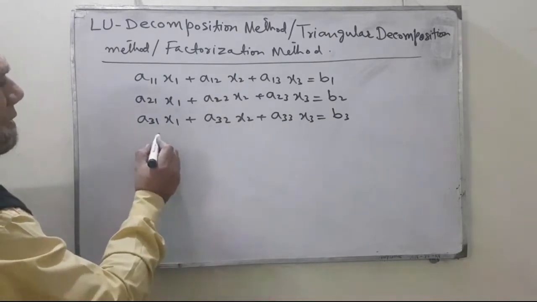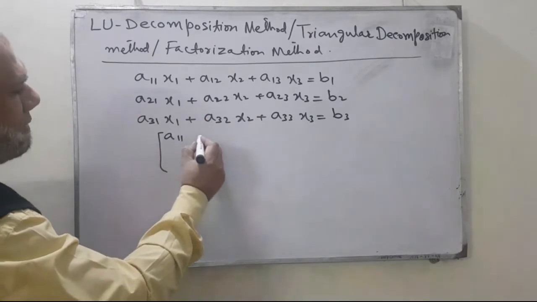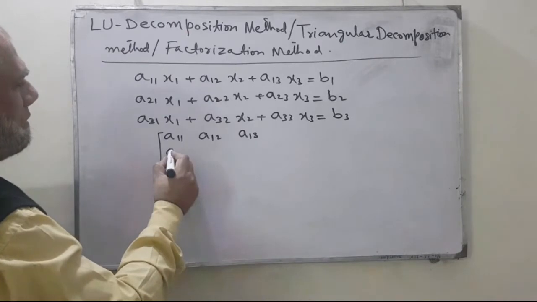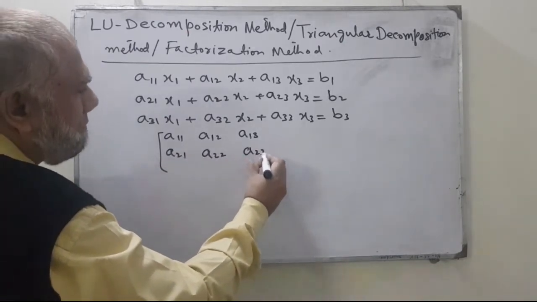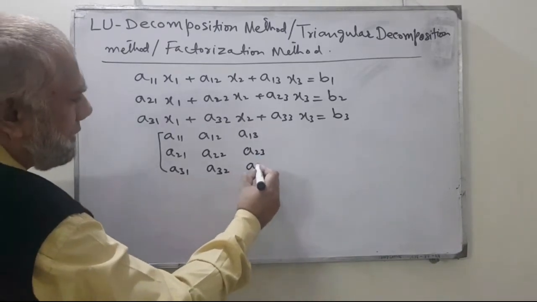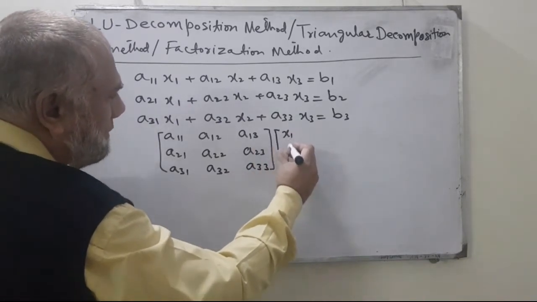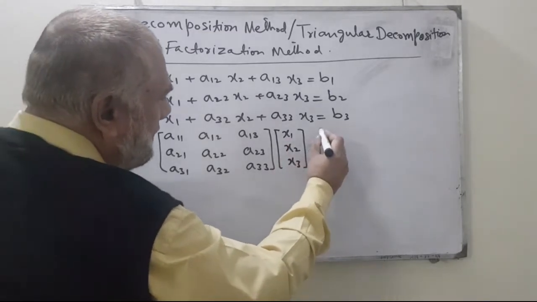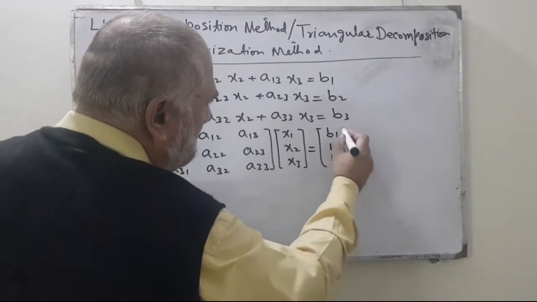From here we can transpose this system into the matrix form as a11, a12, a13, a21, a22, a23, a31, a32 and a33, along with the column vector of the unknowns x1, x2 and x3, and on the right side we have the constants b1, b2 and b3.